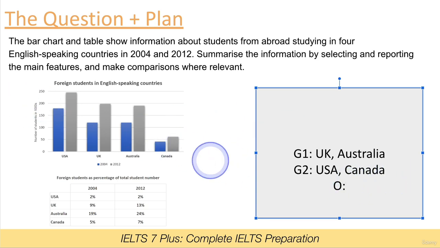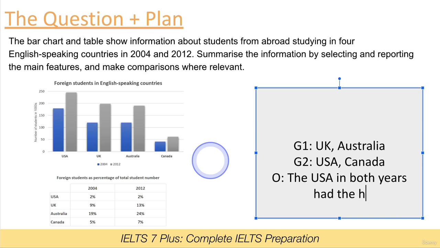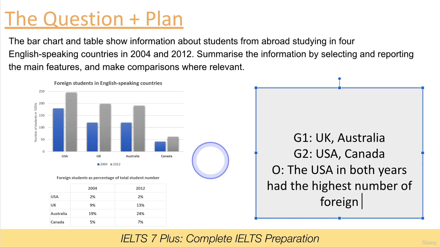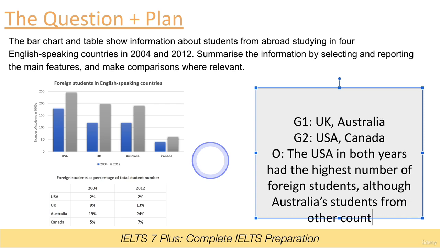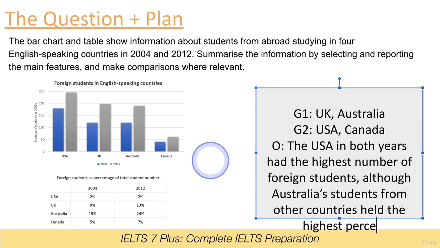Okay, so overall, this is our overview. We just want a general statement. The USA, in both years, had the highest number of foreign students, although Australia's students from other countries held the highest percentage, something along those lines.